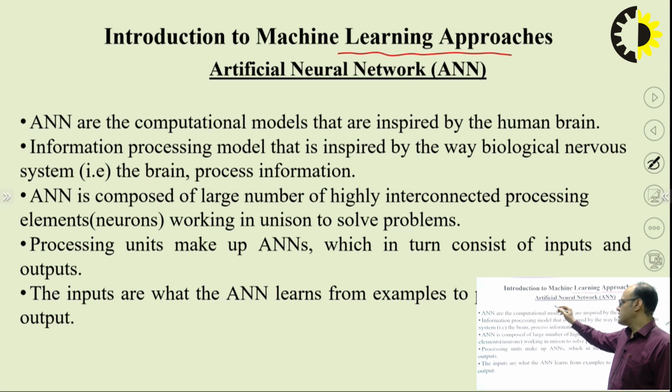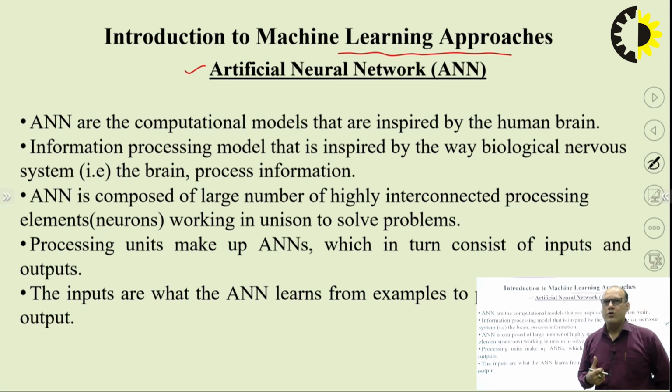So the first is artificial neural network. This is the first machine learning approach, that is ANN. So what is this ANN? Artificial neural network is a network which is inspired from the human brain, right? The word is artificial.